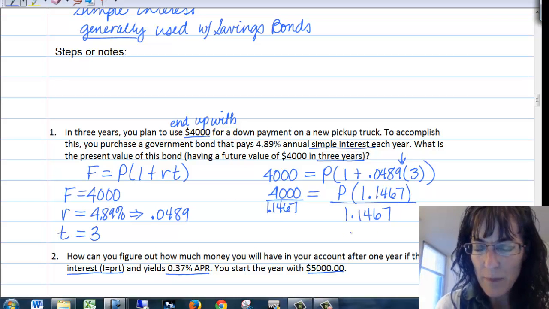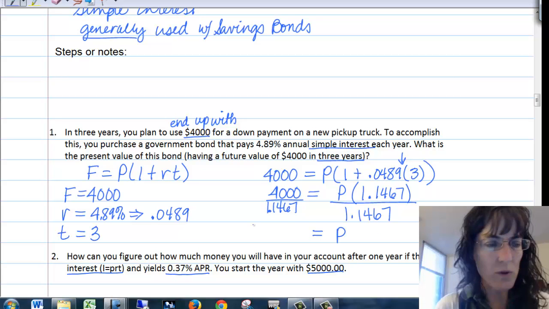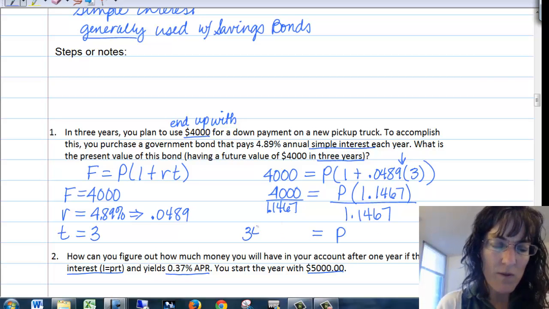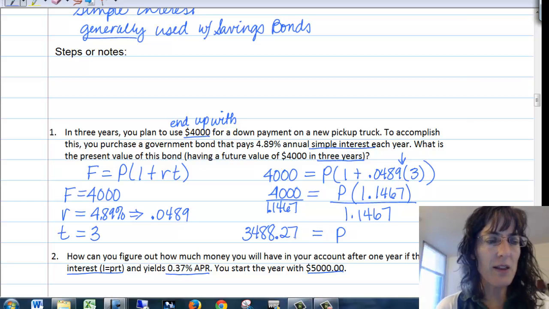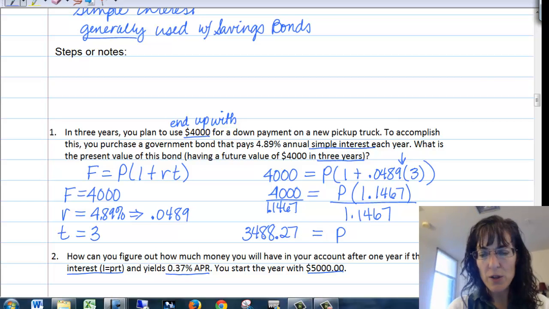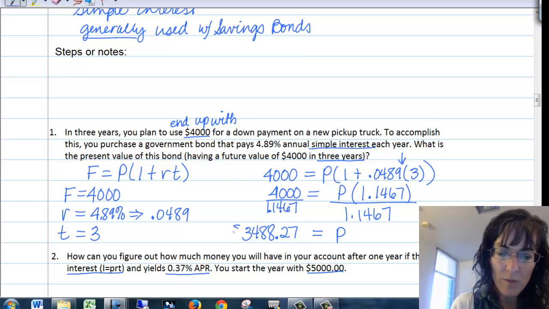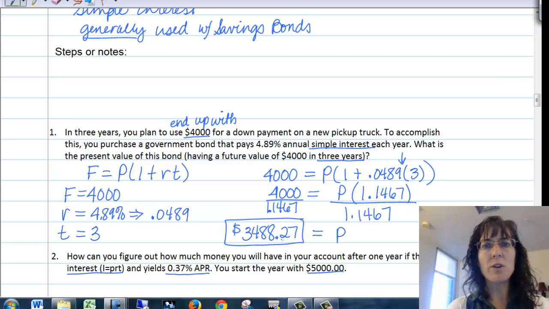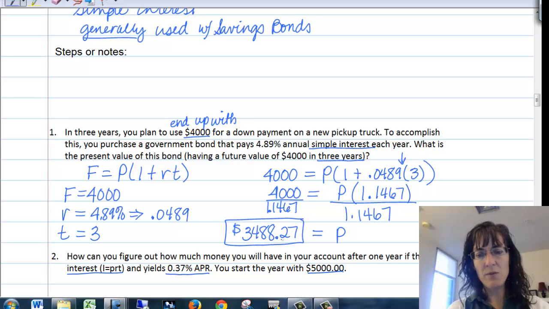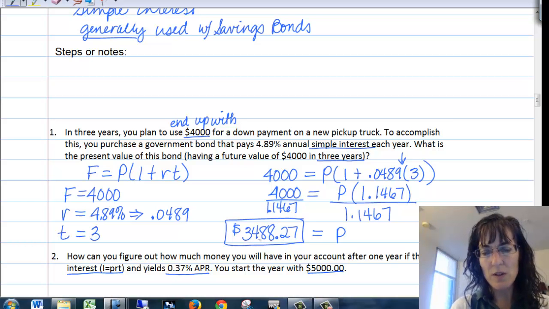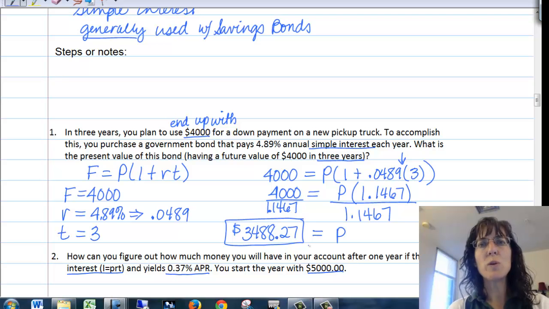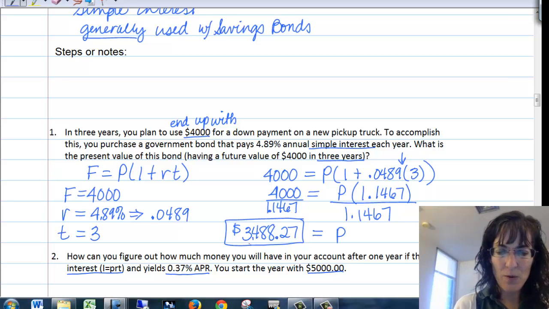And I have P equals 3488.27, and the next digit is a 0, so I'm going to leave it as a 7 for the pennies. And so my dollar value that I need to invest in order to have 4,000 at the end of the 3 years is going to be $3,488.27. Let me put a comma there too.